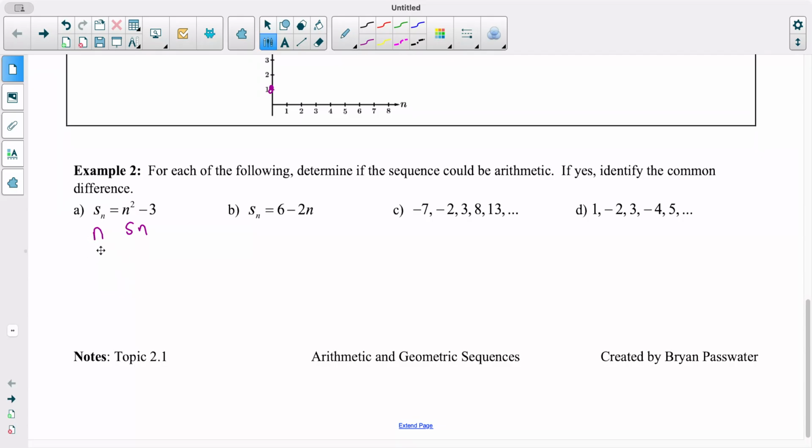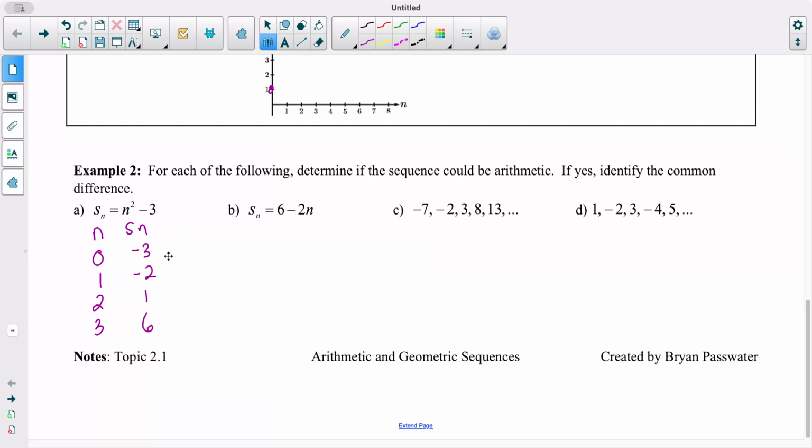So if I substitute in 0, I get -3. If I substitute in 1, I get -2. If I substitute in 2, I get 1. If I substitute in 3, 9 minus 3 would be 6. And you could actually prove it by showing those common differences.